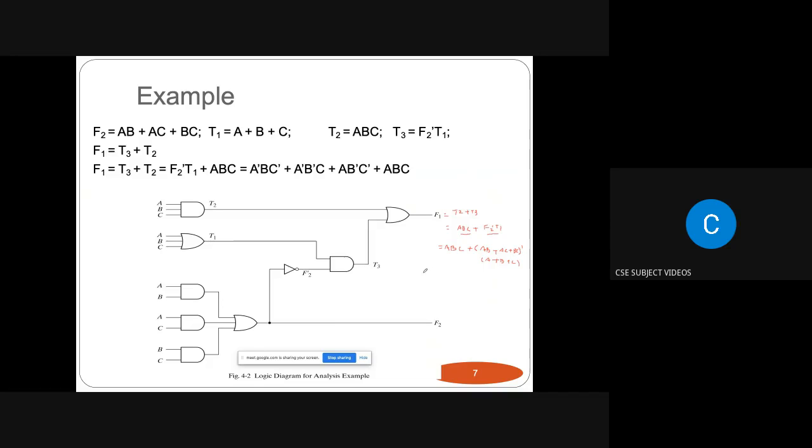So after this, we have to apply De Morgan's law. So first ABC is considered as it is. We have to apply De Morgan's law here.